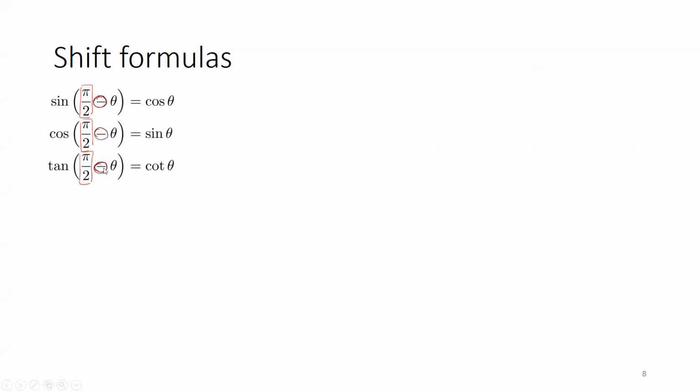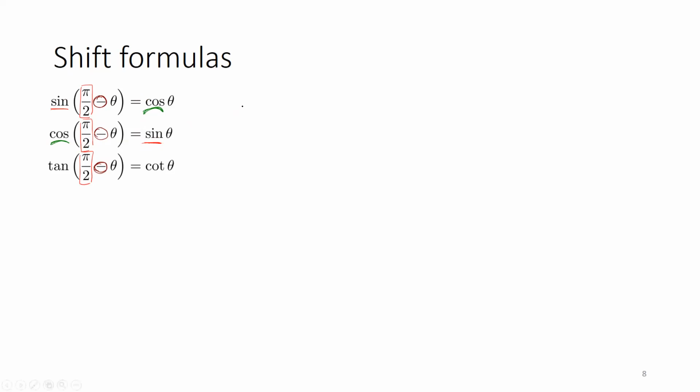And the reason why I highlight these formulas in particular is because if you look at the right-hand side, you again see this phenomenon where sine turns into cosine and cosine turns back into sine. But the plus or minus signs work out nicely. So sine turns into plus cosine, cosine turns into plus sine, and you don't have to remember, is it plus, is it minus, and so on.